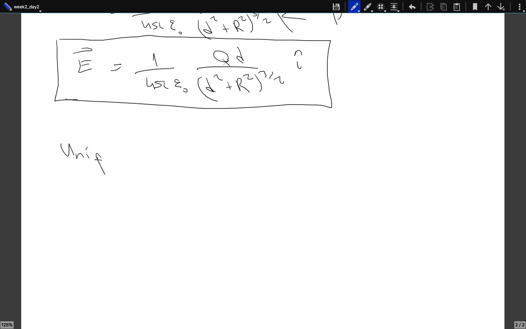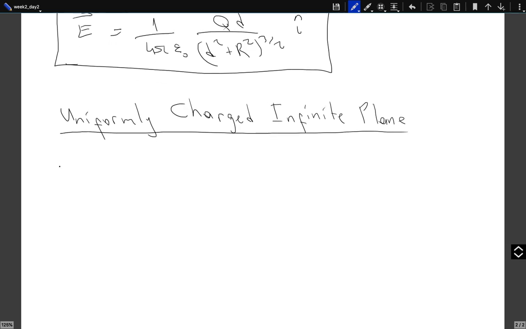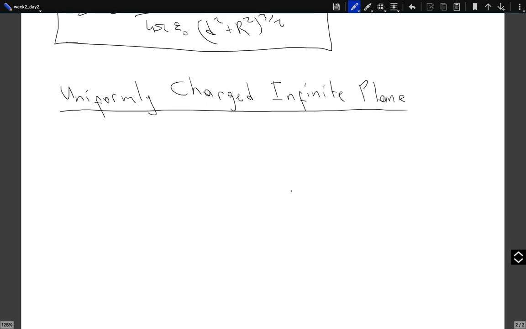So now, a uniformly charged infinite plane. So this will be my plane, let's say the side view of my plane. This is not a wire, a plane.